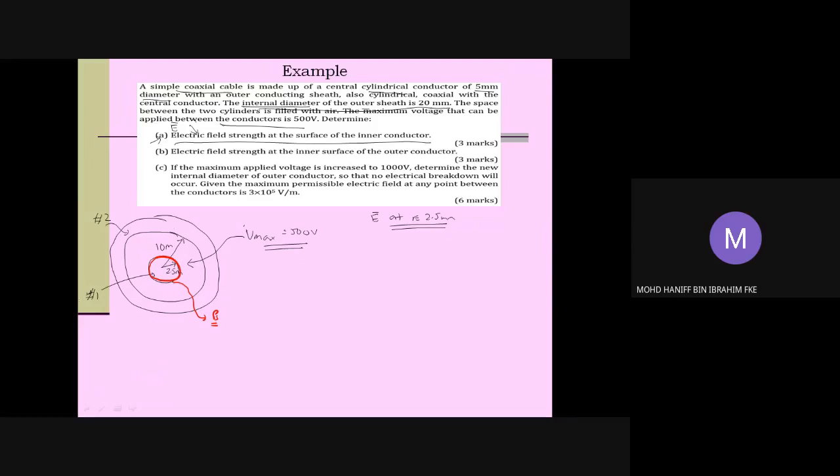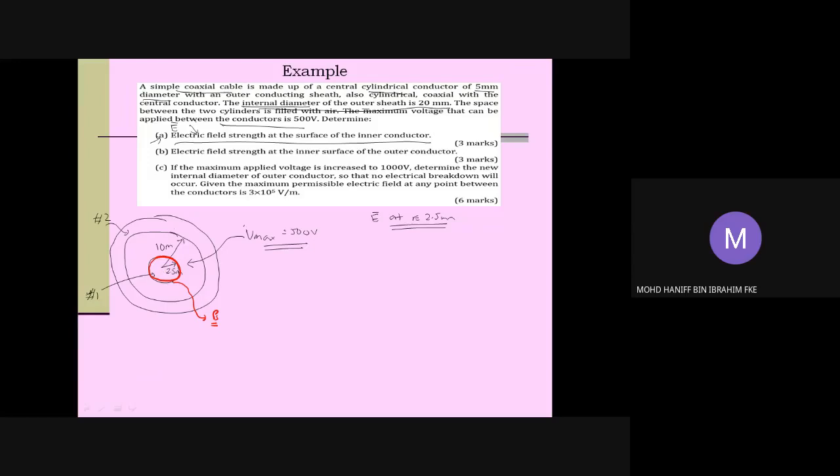For this case, we can use this rho s to find the E field within the region between 2.5 and 10. We're not given any information about the length of this coaxial cable, so we can assume that the length is infinite, or very long.